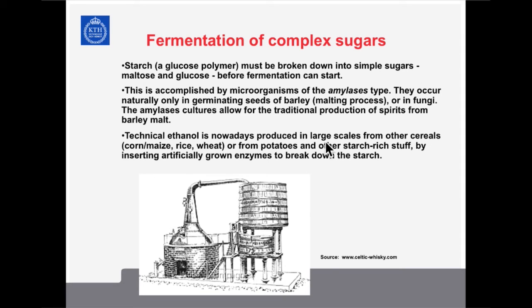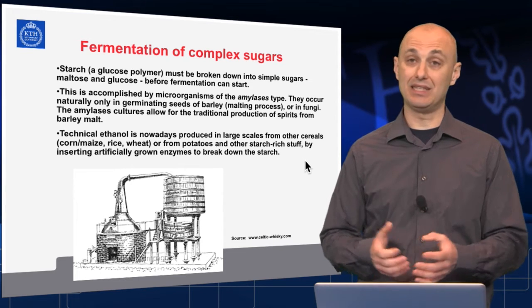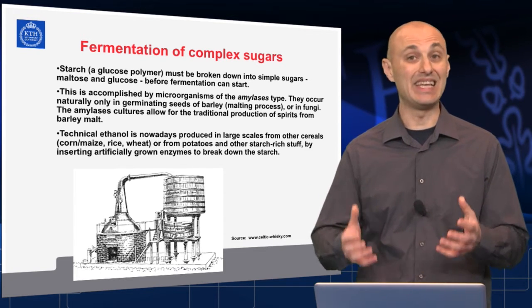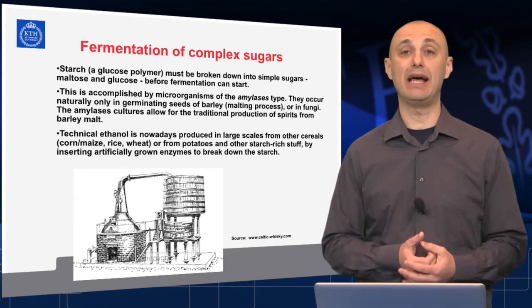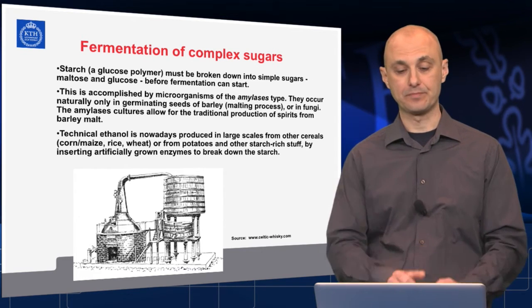Technical ethanol is being produced these days on very large scales, mostly from all kinds of starch-containing foodstuffs. It may not only be foodstuff, but as long as the thing contains starch, it can be another part of a plant. It would work for ethanol production.